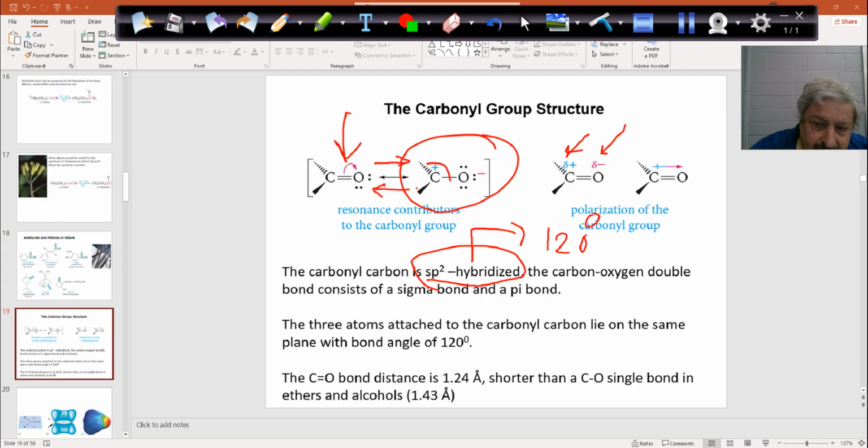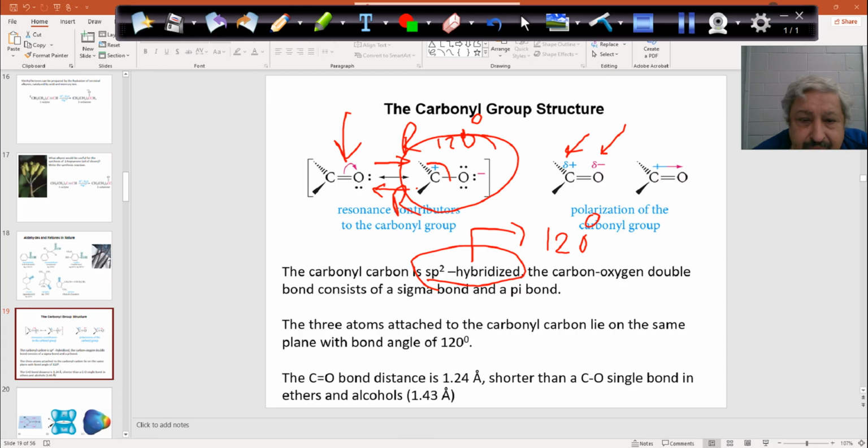So here, for example, R and R, if that's a ketone, 120 degrees, sp2 hybridization, and the distance between carbon and oxygen is 1.24 angstrom. This is a single bond, and you have a double bond. The double bond can be delocalized, can be moved around, as you have seen here.